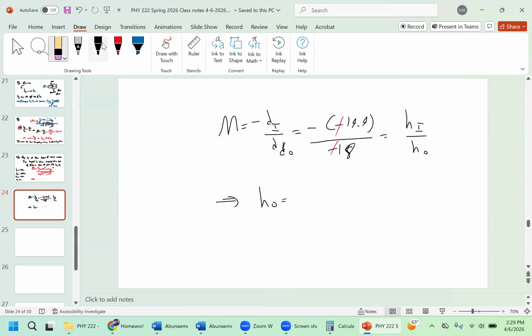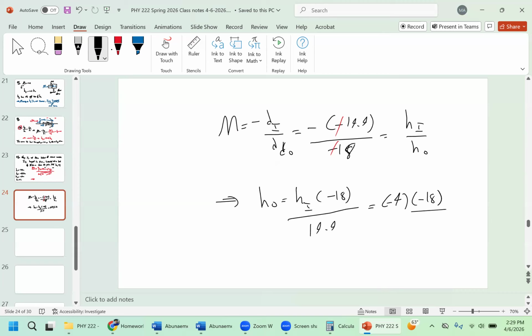Although I'm confusing myself. HO is going to be. Yeah, that's correct. It'd be HI times negative 18 divided by 14.4, which is going to be negative 4.